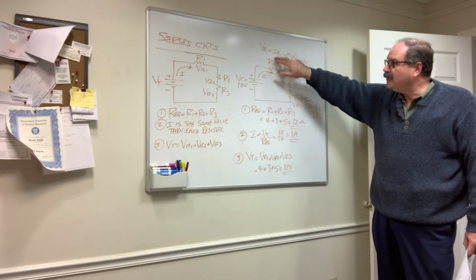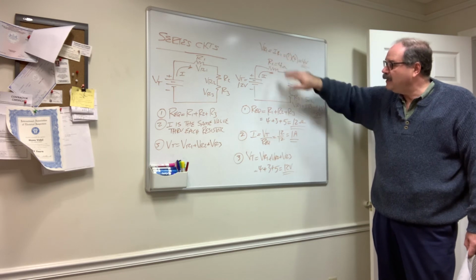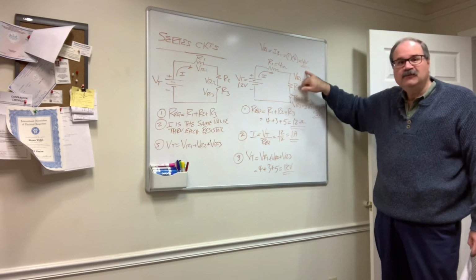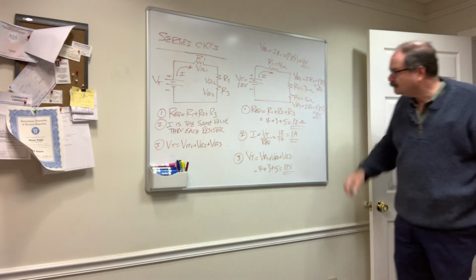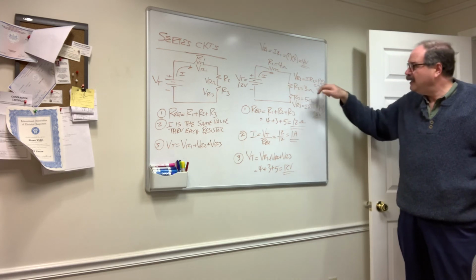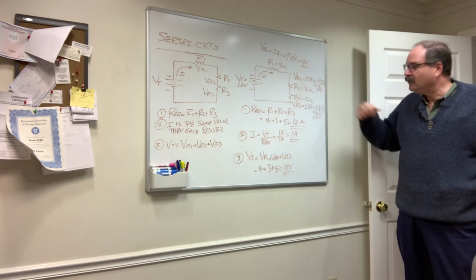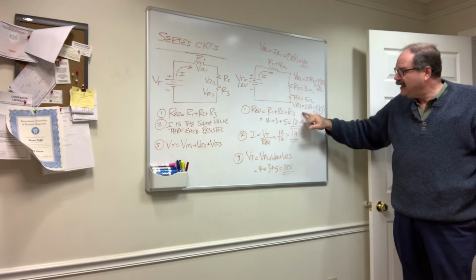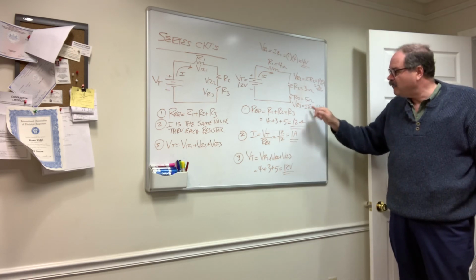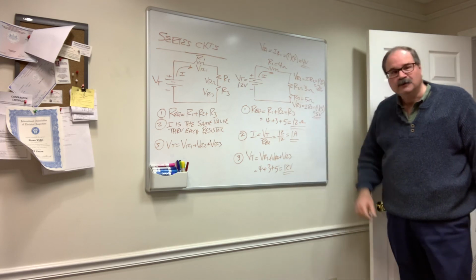So in the case of R1, I times R1, the 1 amp of current we calculated multiplied by the 4 ohm resistor, gives us a voltage drop of 4 volts. For resistor 2, same current flow, 1 amp times 3 ohms gives us a voltage drop of 3 volts. And across R3, same current flow of 1 amp multiplied by 5 ohms gives us a voltage drop of 5 volts.